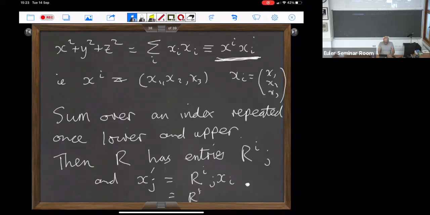It's R1j x1 plus R2j x2 plus, sorry, I'm running out of space, R3j x3. And then if you fix a value of j, say j equals 1, that shows you what the new x1 is.